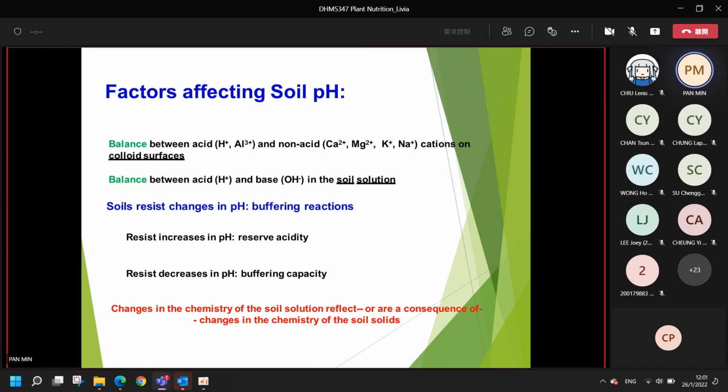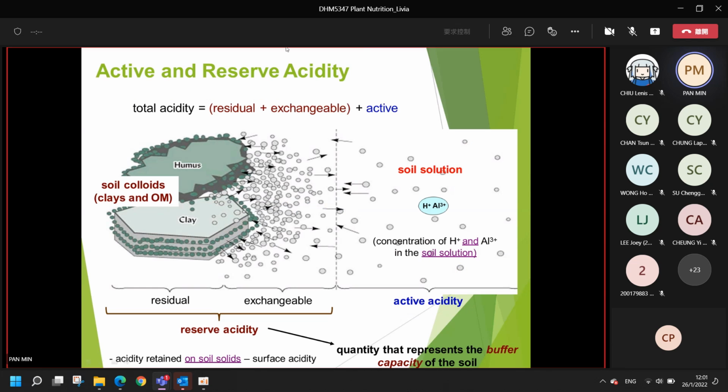Because they have different cations, hydrogen ions, and hydroxide ions to resist the pH change. And the change in the chemistry of the soil solution is a consequence of change in the chemistry of the soil solid. And here it shows the active and the reserve acidity.